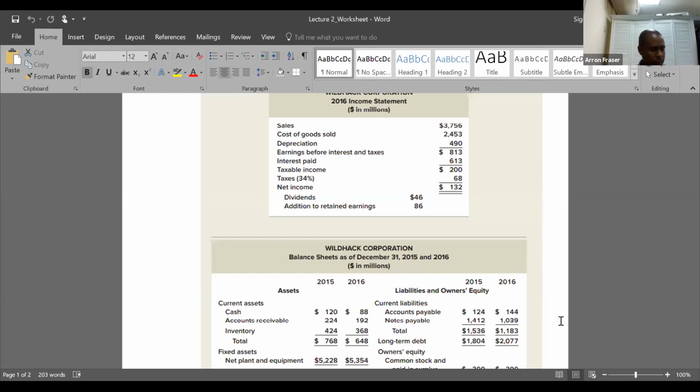So how much is cost of sales, the numerator? $2,453. Correct. And then inventory, the denominator would be? 368. Okay, good, correct.